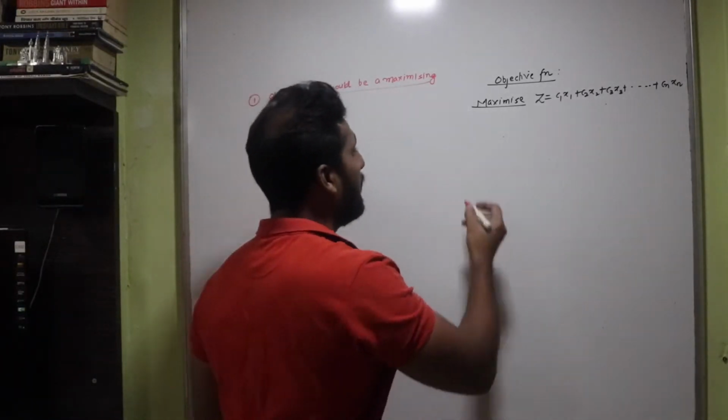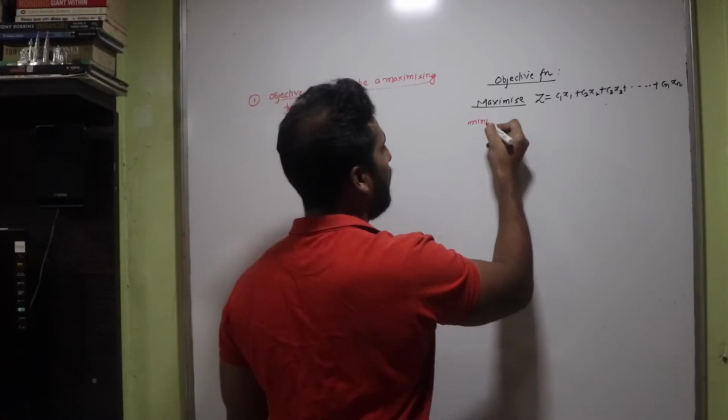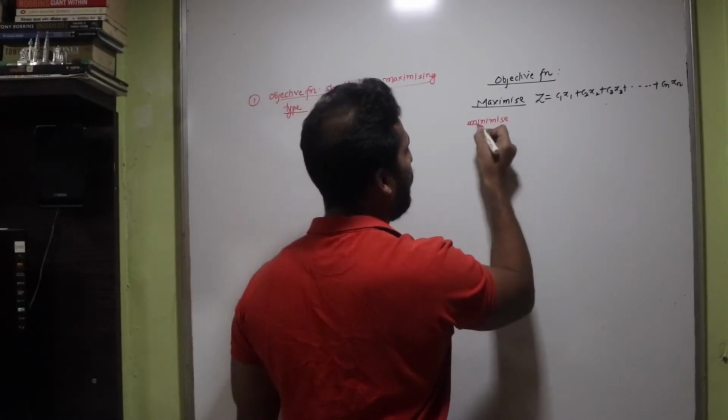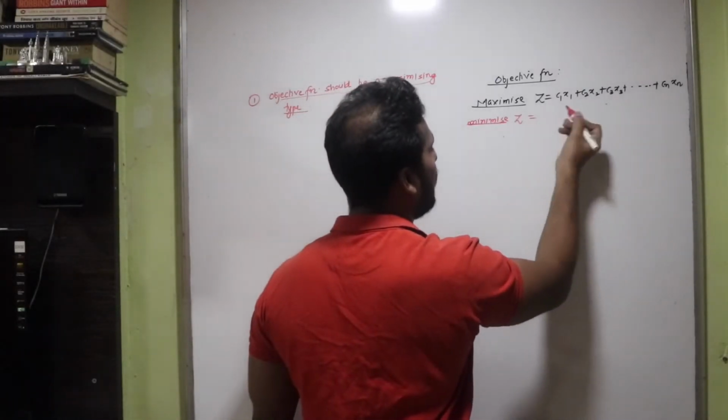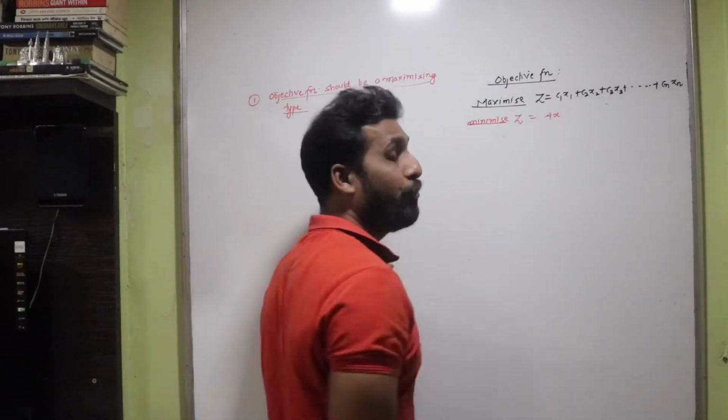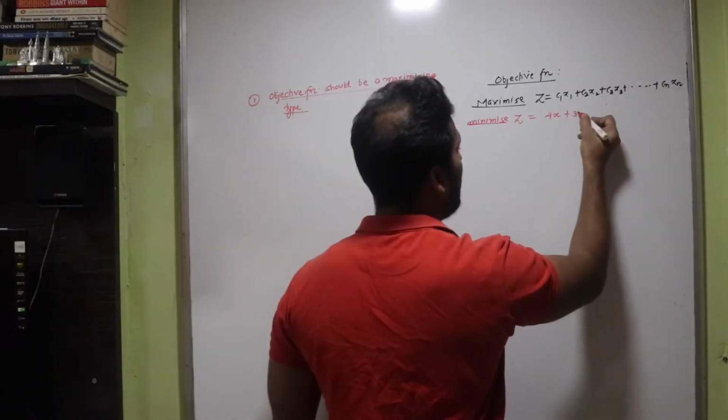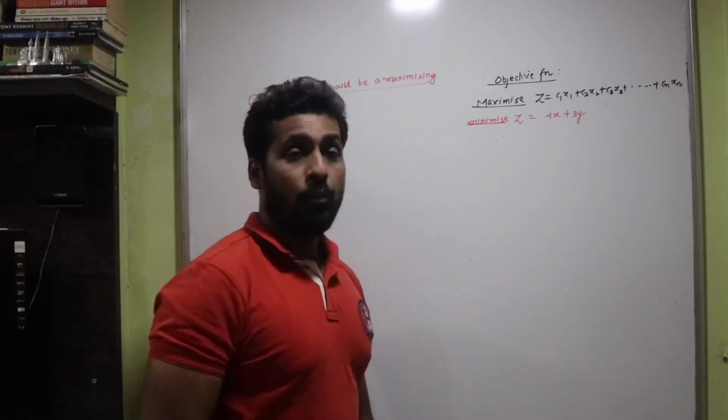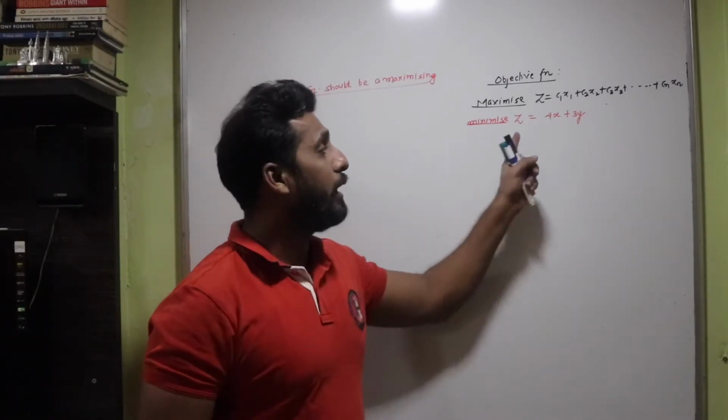So suppose in case I have a minimizing objective function. Minimize z is equal to, so I'm going to write an equation, say 4x plus 3y. So that's my minimizing function, z equal to 4x plus 3y.